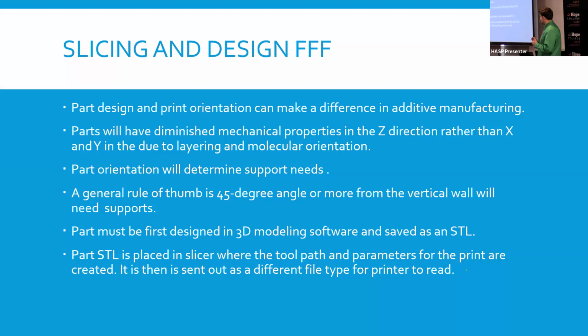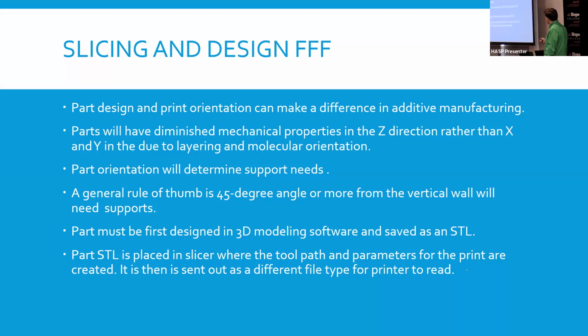What that slicer is going to do is take that part and cut it layer by layer and create your tool path. So what your extruder or your wire feed follows, or what the laser follows. It's going to create the path for that to follow.